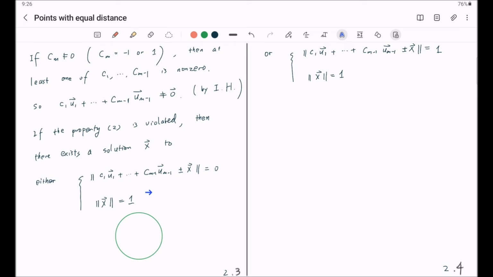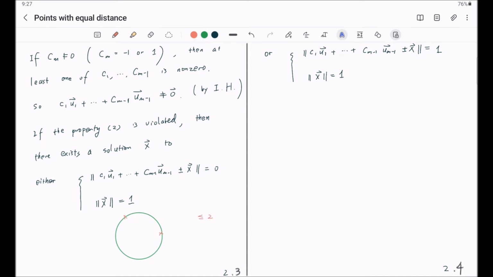The solutions to this system are the points on the unit circle that is equal to this guy, or the negation of this. So plus and minus cases will contribute to at most 2 points, or 2 solutions in this case.